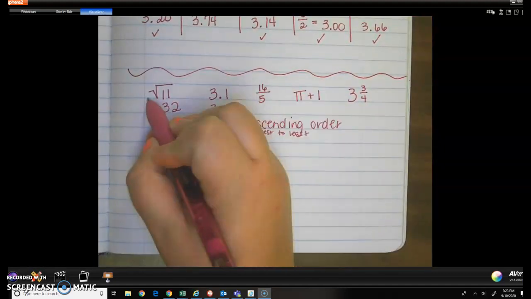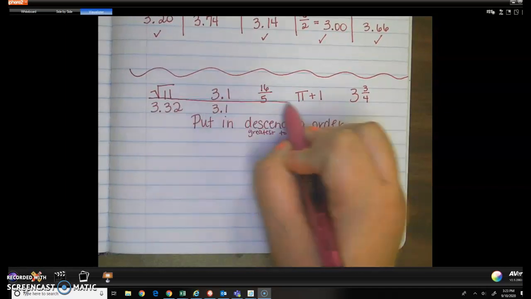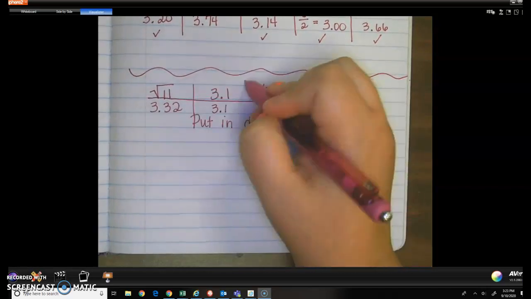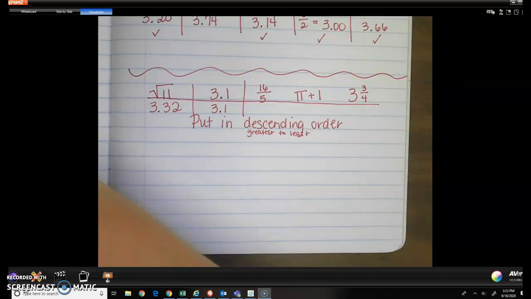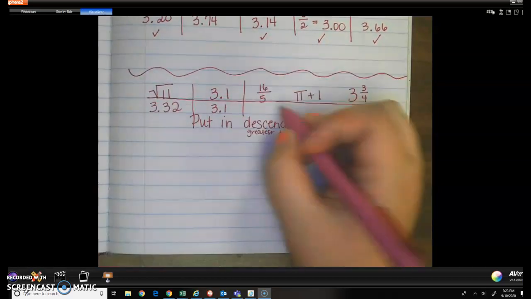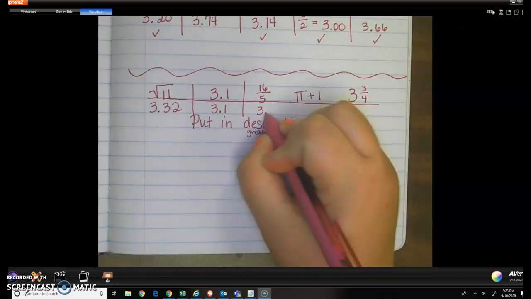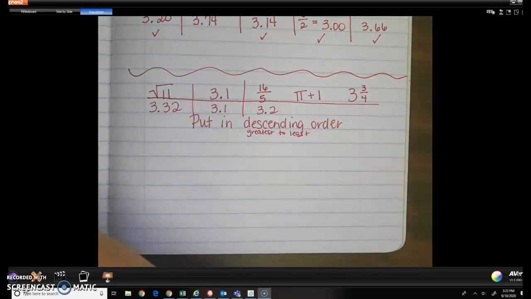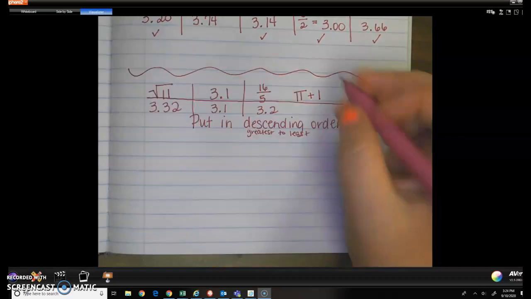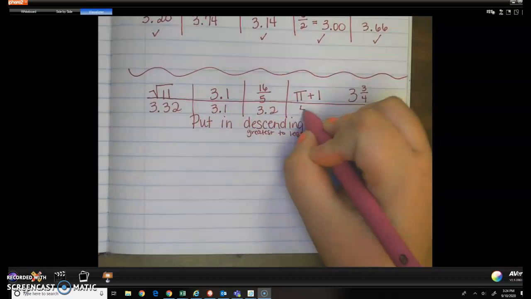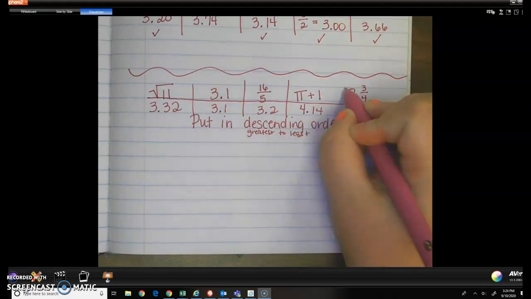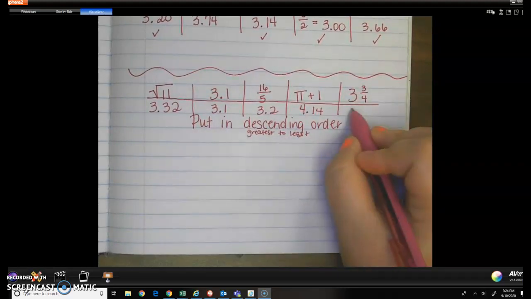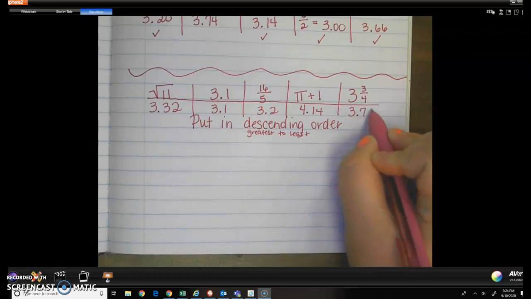I'm going to make this into a little table like I did above. 16/5, so 16 divided by 5 is 3.2. Pi plus 1, so you can actually put pi in your calculator, or you can just do 3.14 plus 1, which is 4.14. And 3 3/4 is 3.75.